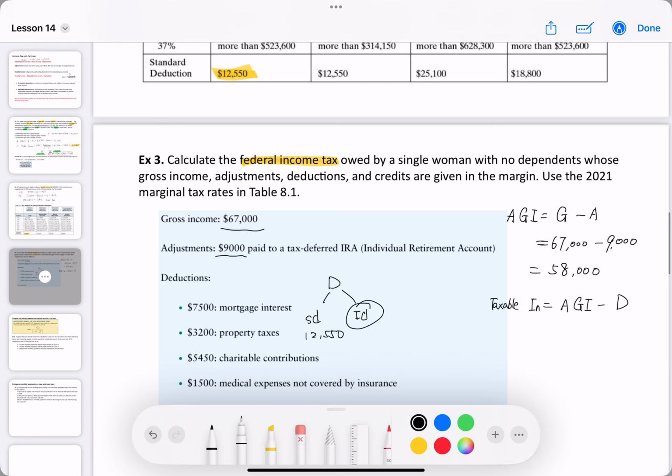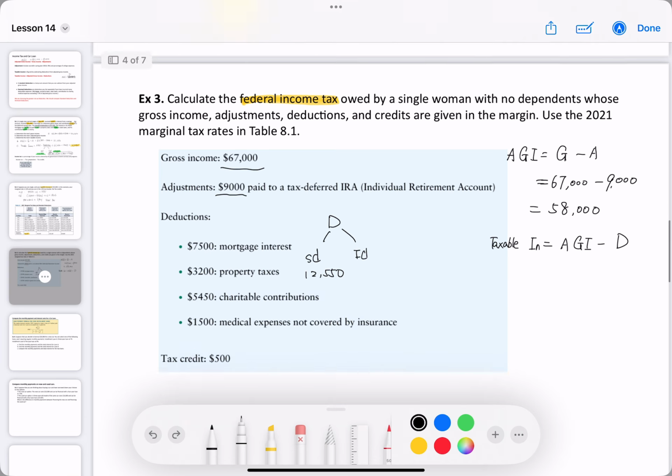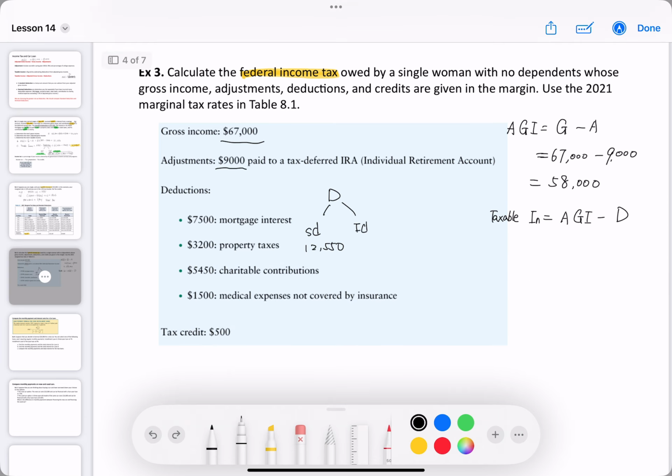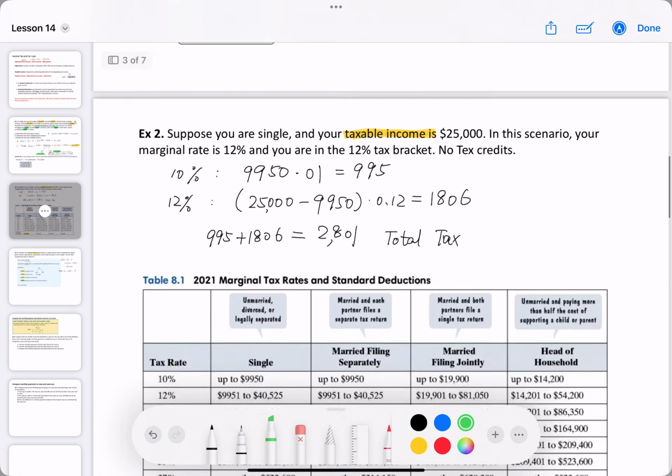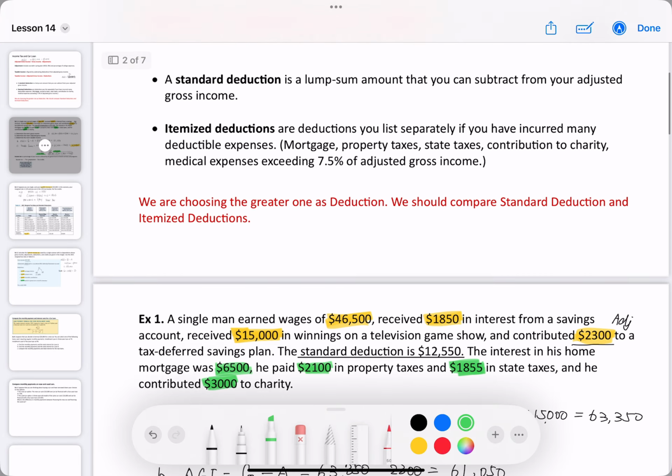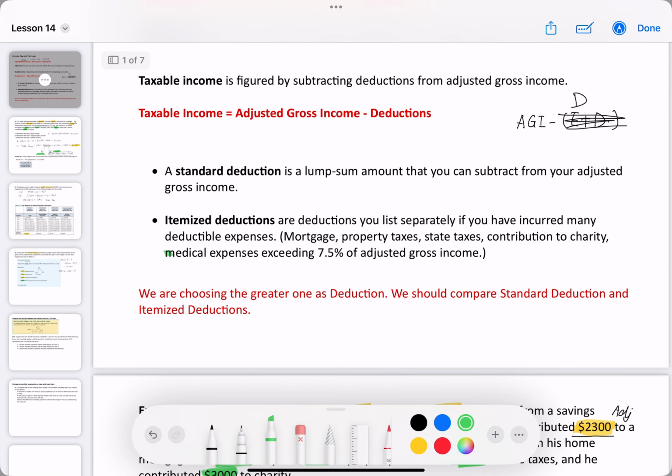For the itemized deduction, I need to find the sum: we have 7,500 mortgage interest, 3,300 property tax, 5,450 charitable contributions, and the 1,500 medical expense. But let's come back to the definition of the itemized deduction.